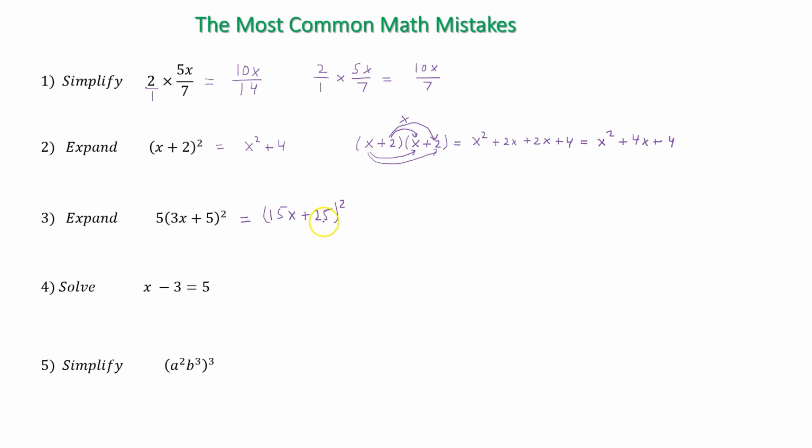Now this is a mistake once again because this bracket is repeated, so you can't apply the 5 in. So another way of writing this would be 5 times 3x plus 5 times 3x plus 5.